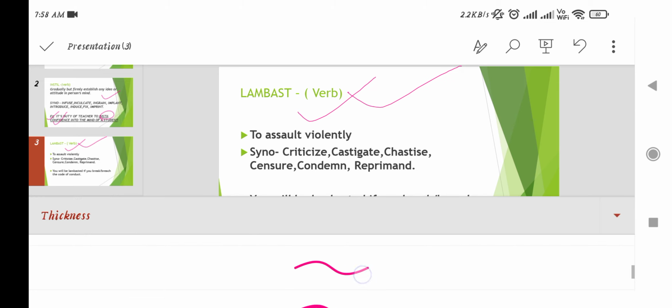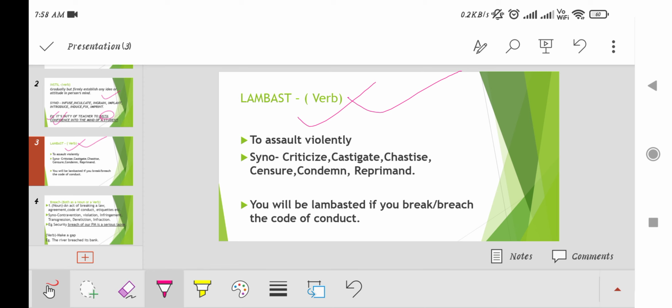And so how can we use it in a sentence? Okay, means you will be lambasted if you break or breach. Breach means violation. Okay, breach, उल्लंघन करना, that is breach the code of conduct, that is etiquettes.